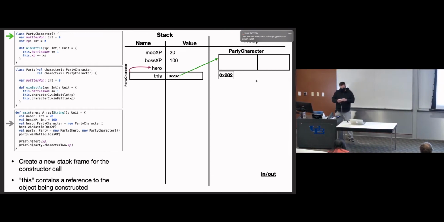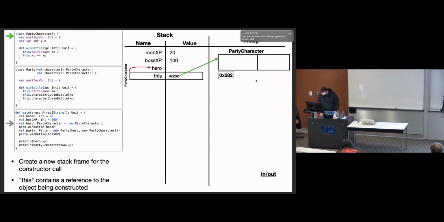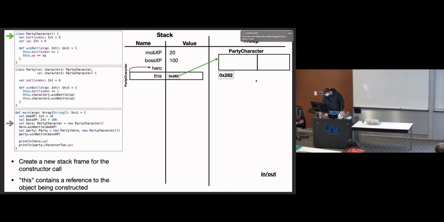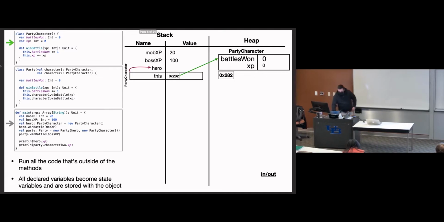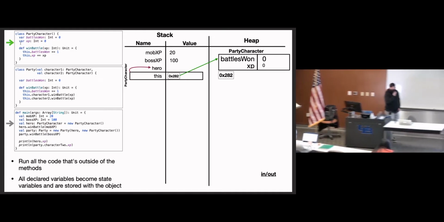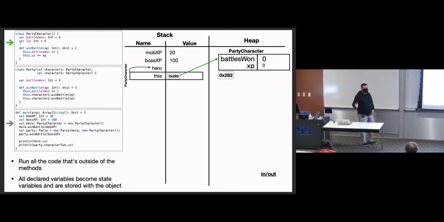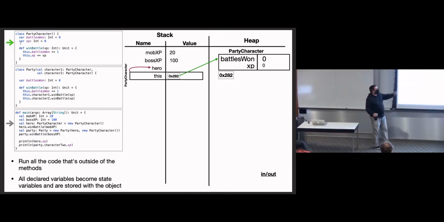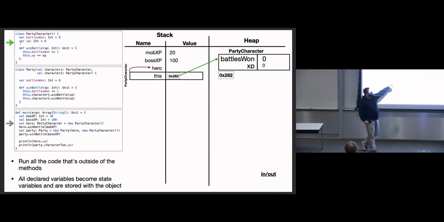We get enough space for 2 ints. We're going to create the stack frame for the constructor, call that method, and then initialize that object. We run all of the code that's outside of the methods, and any variables that are declared outside of the methods become state variables and are part of that object.